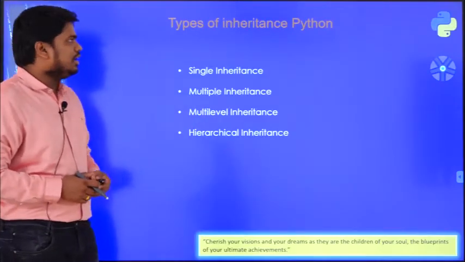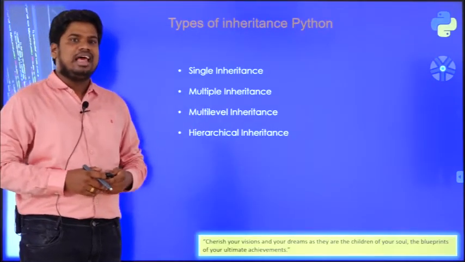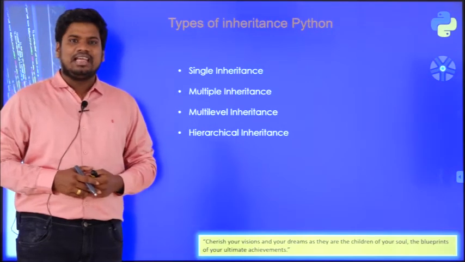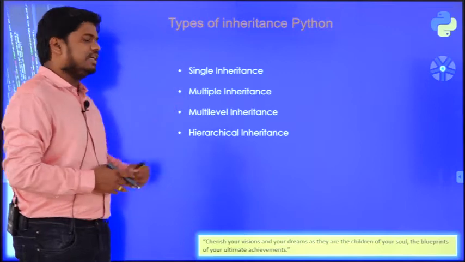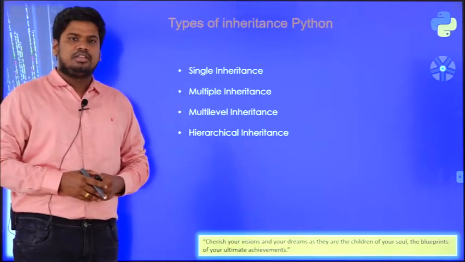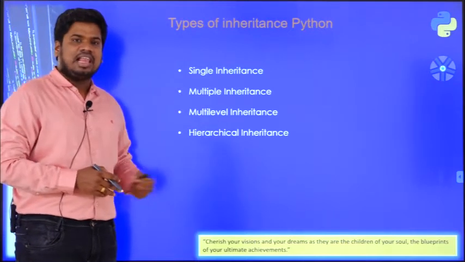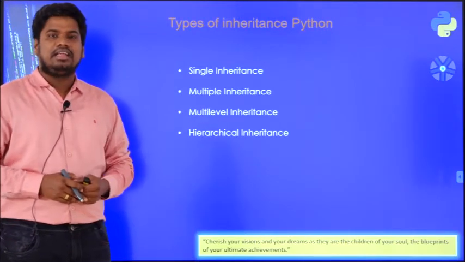Coming to the different types of inheritance in Python, the very first one is single inheritance, the second is multiple inheritance, the third is multi-level inheritance, and the last one is hierarchical inheritance.